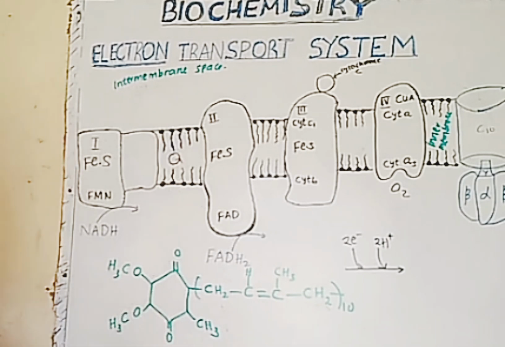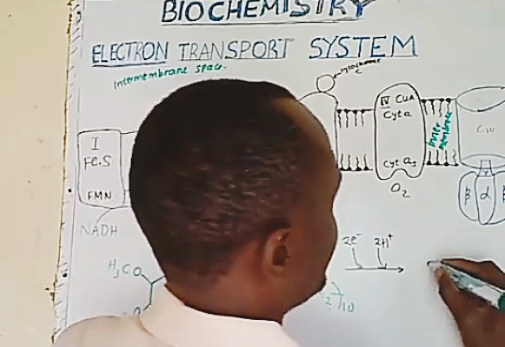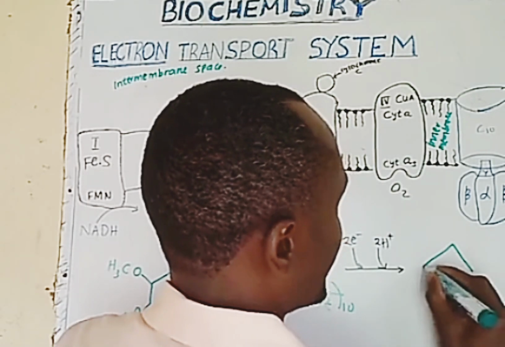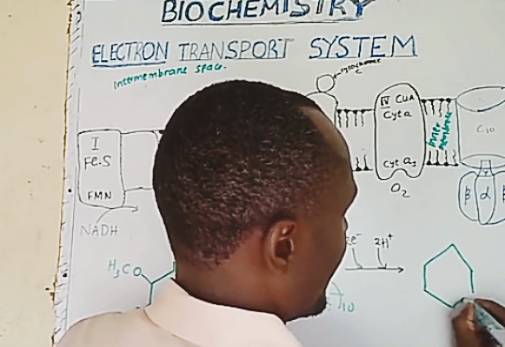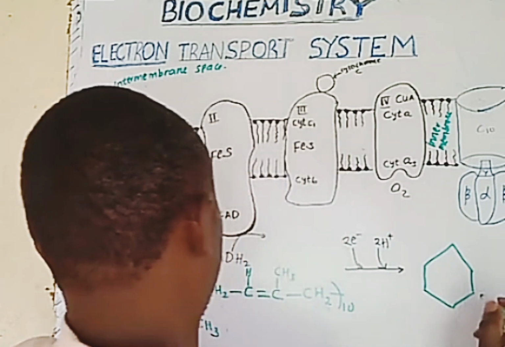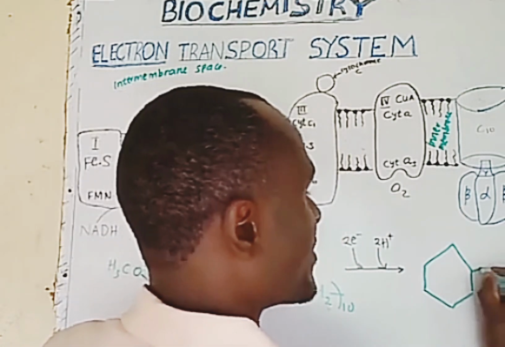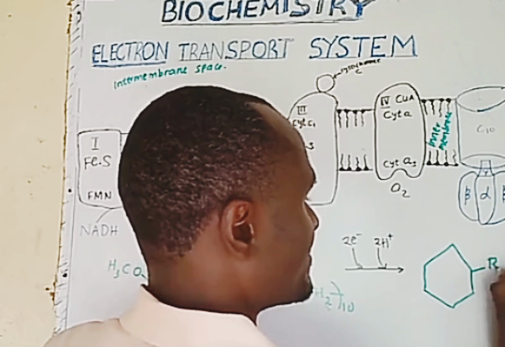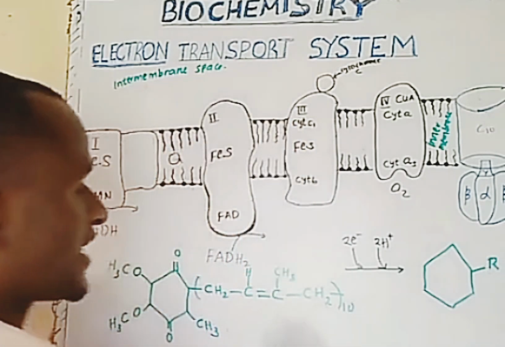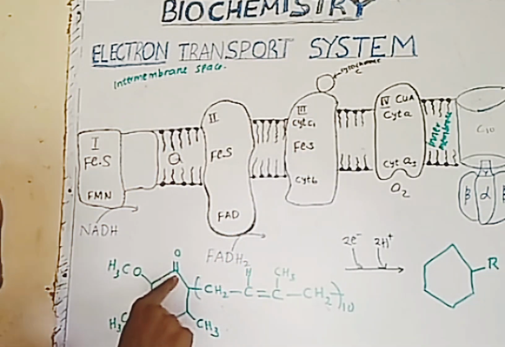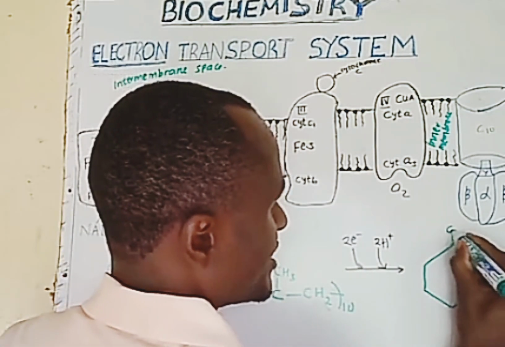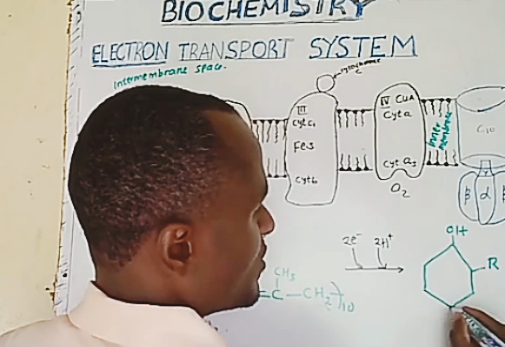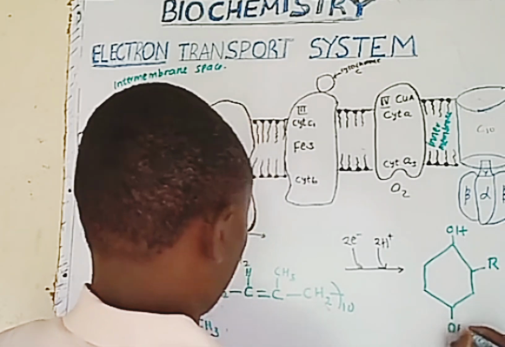I want to draw this using the shortest form possible, so I will represent the tail with the letter R due to the short space. During the reaction, this region will gain electrons so that it becomes an OH, and this region will also become an OH.